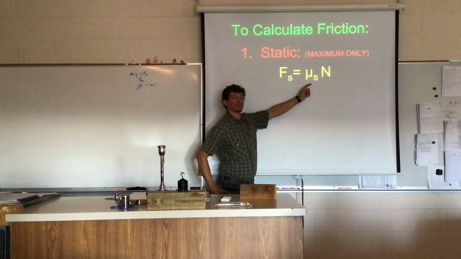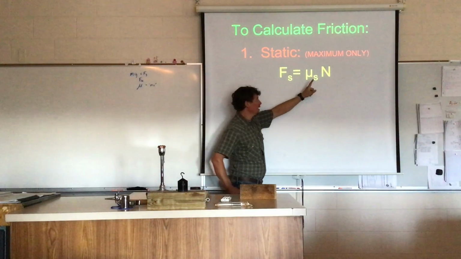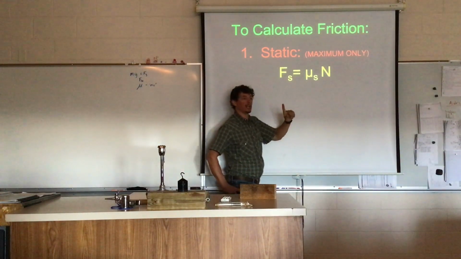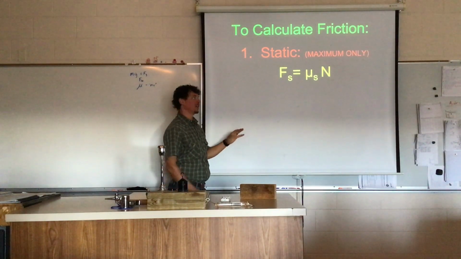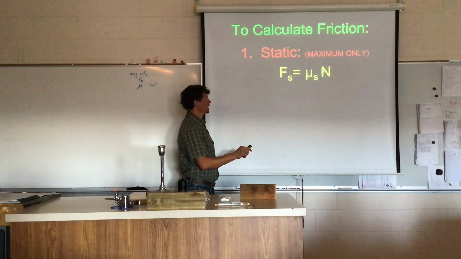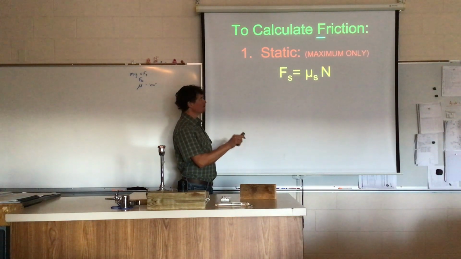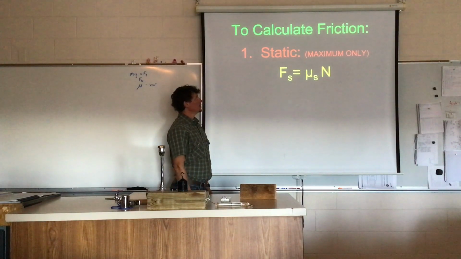Mu static, we put a little s down there to say we're talking about static friction. And then we can use N or Fn. Most of the time I use Fn, but I use capital N here because it's the fun equation. This calculates the maximum static friction.